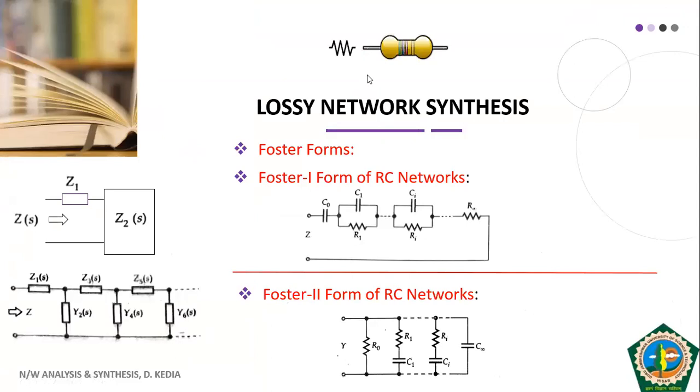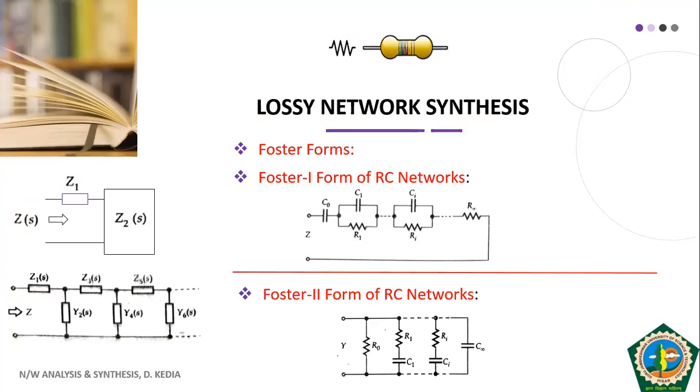We start with our lossy network synthesis. So as you can see, in LC network synthesis also, we started with Foster forms of network realization. So here also we will start with Foster forms. We will study about Foster forms of RC networks and Foster forms of RL networks.